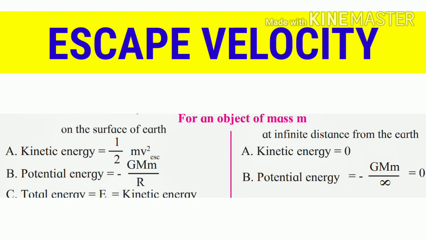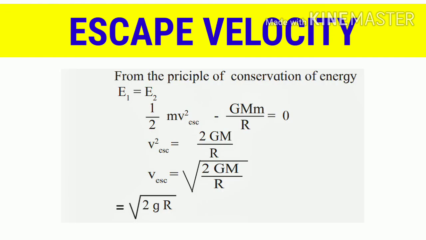Now, from the principle of conservation of energy, E1 is equal to E2. 1/2 m v_escape² minus GMm upon R is equal to 0.